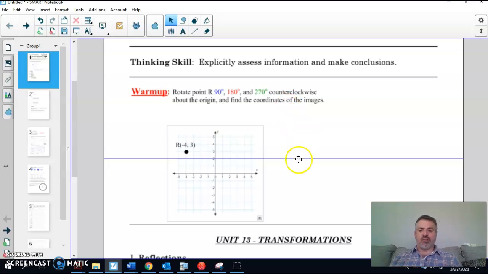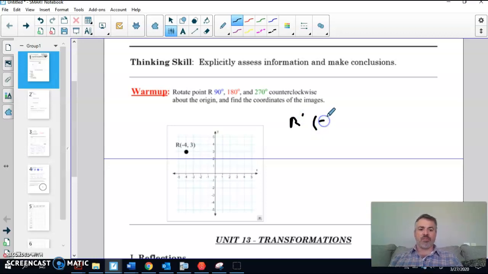So again, you could either memorize what happens to the pre-image and image when you go through these. So for instance, when you're rotating 90 degrees, you flip the X and the Y, and the Y becomes negative. So if I want to do this one 90 degrees, my R prime, I just flip-flop the X and the Y and change the sign on the Y. So the Y would become -3, and I'd move it to where the X is.